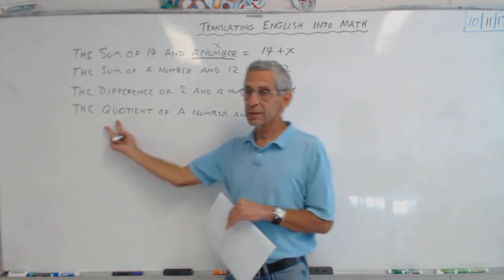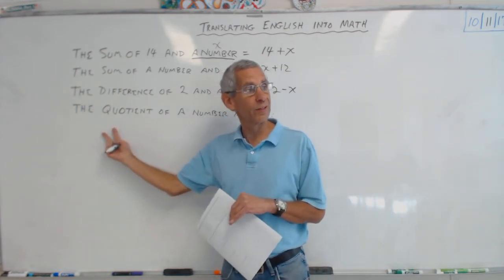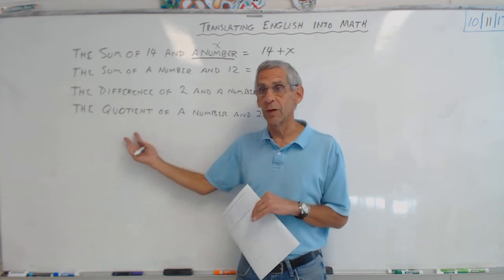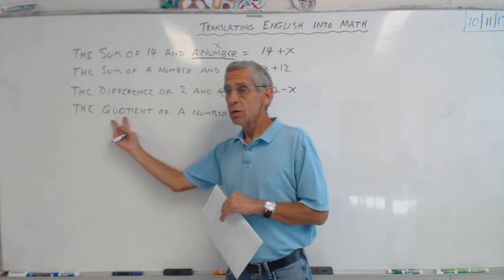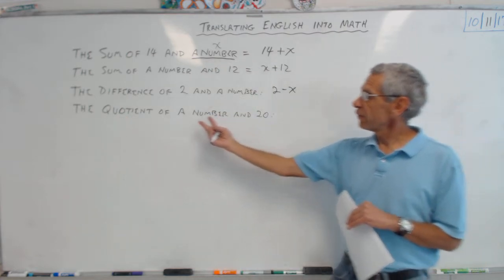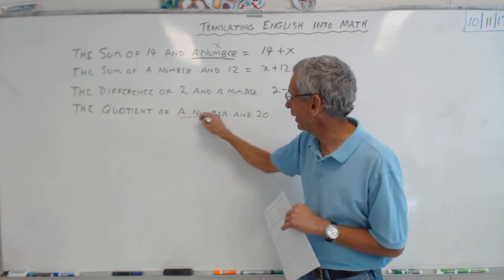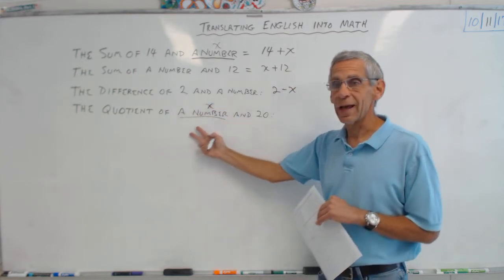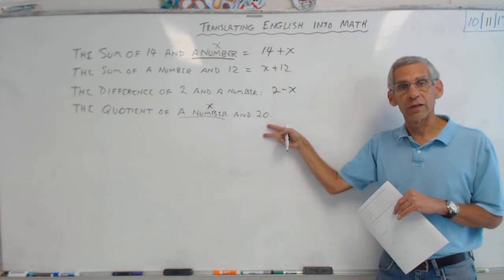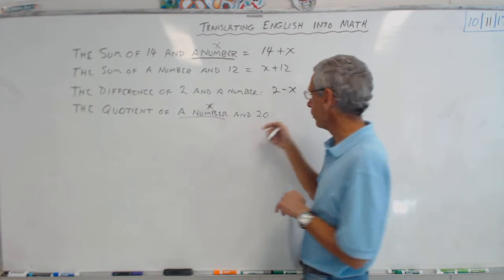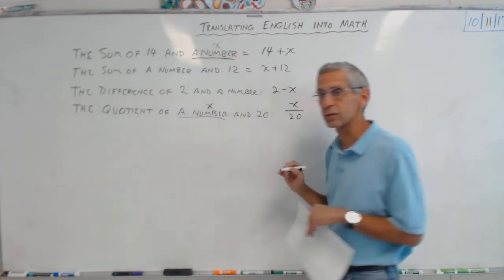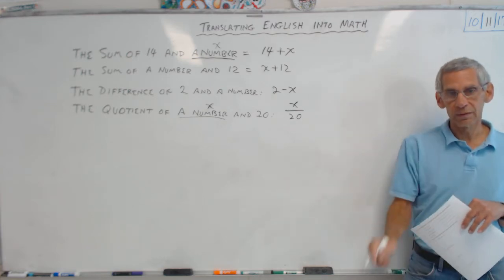A quotient means you're going to have a division problem, but a division problem is always a fraction, right? I mean, a fraction is always a division problem, I'll put it that way. So when you see the word quotient, you're sort of turning it into a fraction. The first number, which is the x, is always your numerator. The second number is always your denominator. So the first number is upstairs, the second number is downstairs, x over 20. Make sense?